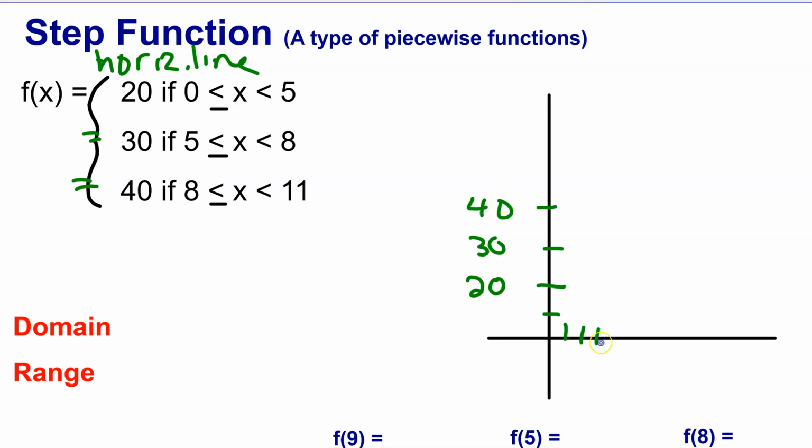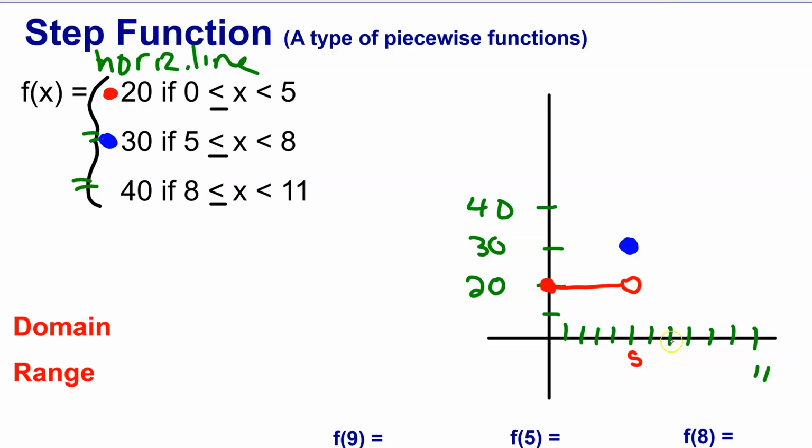And this is going to go all the way to 11. So we've got 1, 2, 3, 4, 5, 6, 7, 8, 9, 10, 11. And at 20, it's going to be a horizontal line from 0, including 0, all the way to 1, 2, 3, 4, 5. Not including 5, so that's the part of the horizontal line. The second one is going to be at 30, and it's going to include 5.